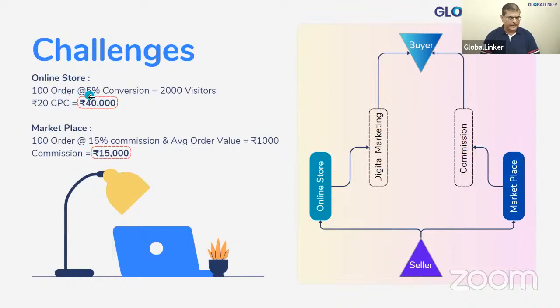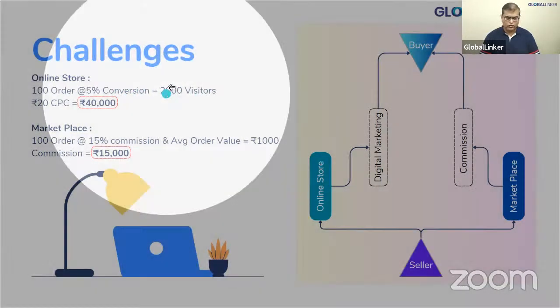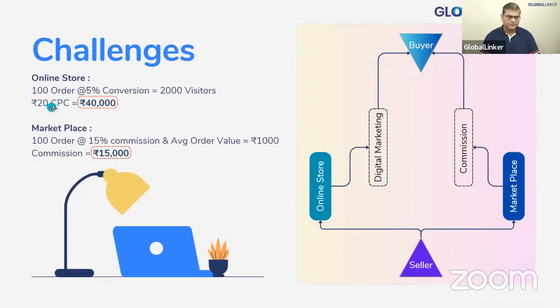Now, if we do a very simple calculation, online store means your own e-commerce website, if you're wanting to receive, let's say, 100 orders and assuming 5% conversion, which is again on a higher side, that would mean that you have to bring in about 2,000 visitors onto your online store. If we are considering a 20 rupees CPC, cost per click, that would mean you have to spend about 40,000 rupees to get this traffic.